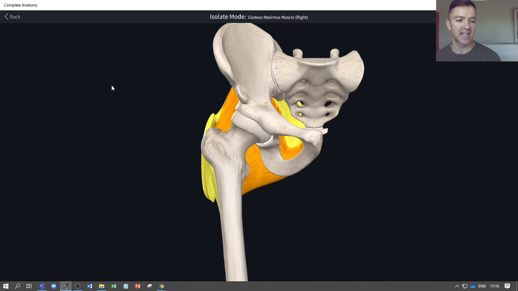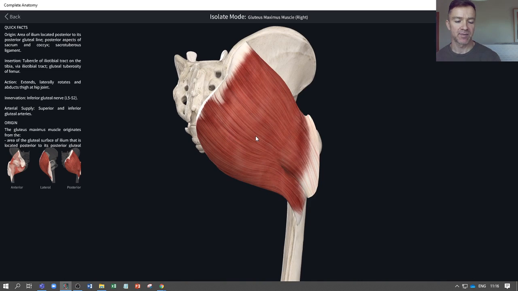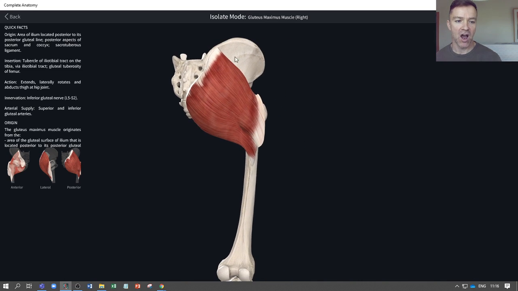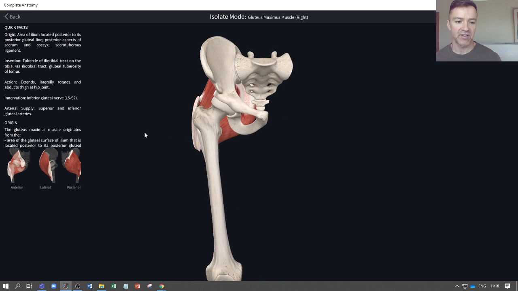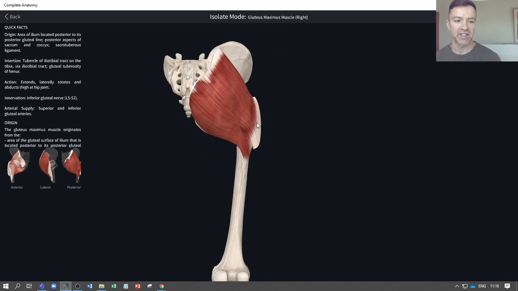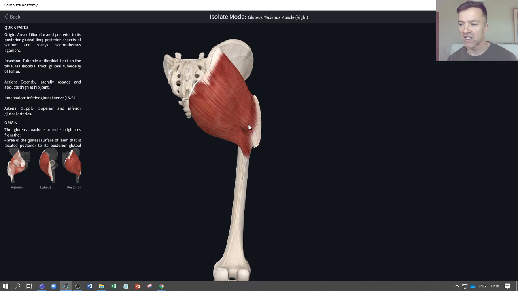If we isolate that and have a look at it, the gluteus maximus is a large muscle on the posterior surface of the hip joint. The muscle originates on the ilium, the sacrum and the coccyx.